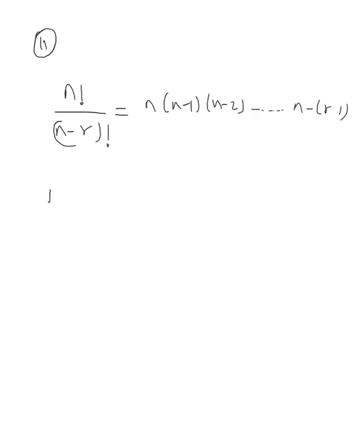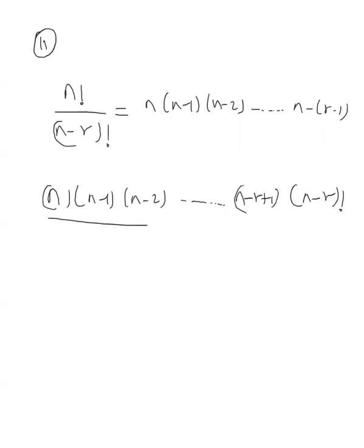So what you can do is write 1 less, dash dash dash, up to what will come before n minus r. N minus r plus 1 should come before that, right? It will cancel with the below one. That's all. This is the answer, equal to RHS.